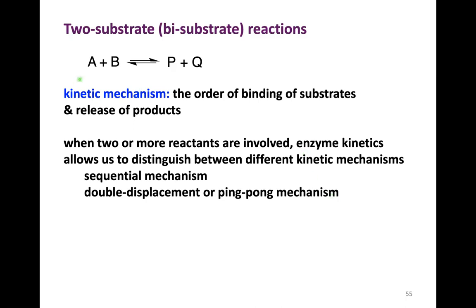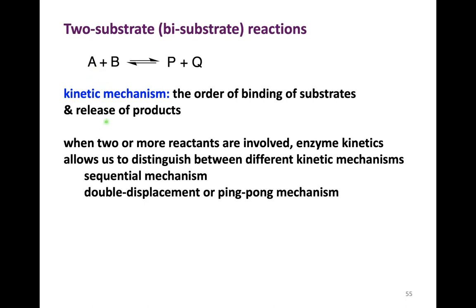Okay, so let's consider a reaction A plus B as substrates going to the products P plus Q. Okay, and so we will need to distinguish in a mechanism if you have such a reaction: does the order of A plus B binding, is that important?